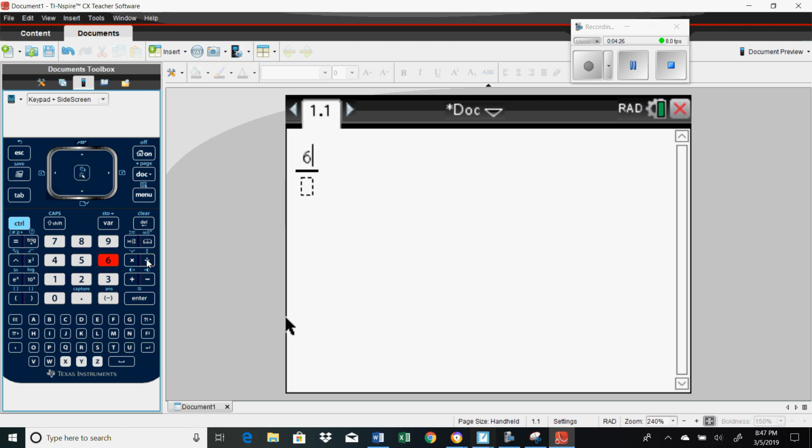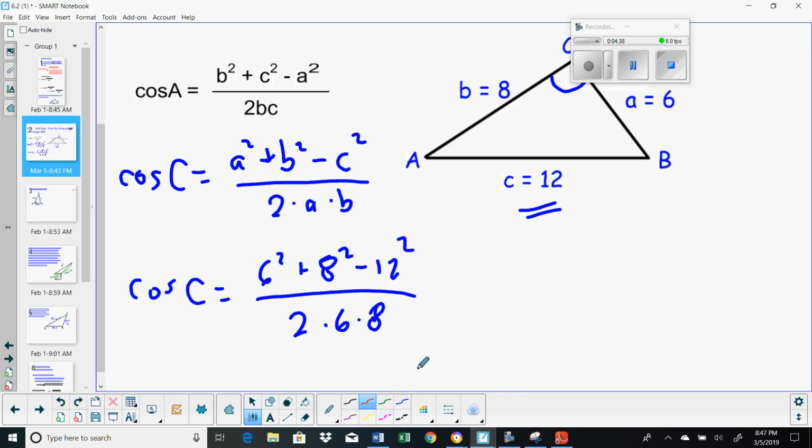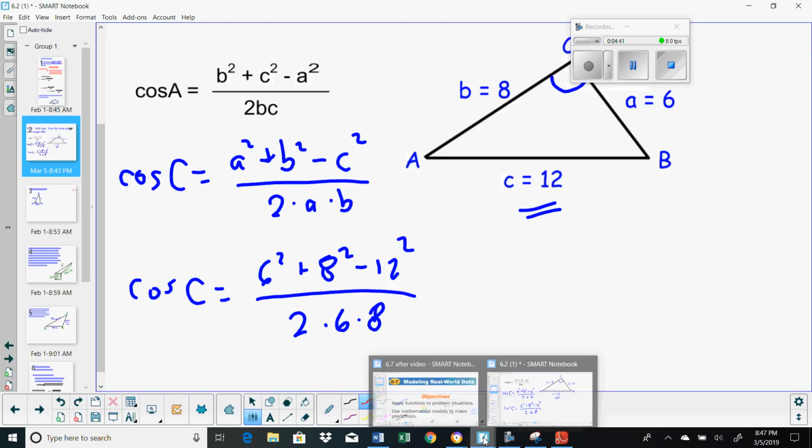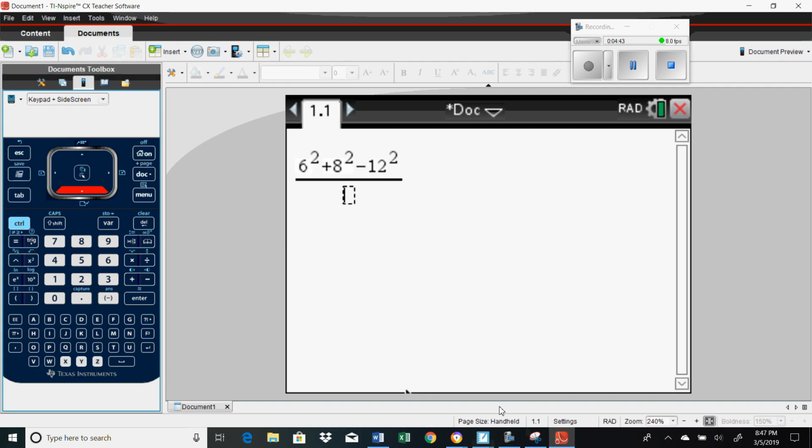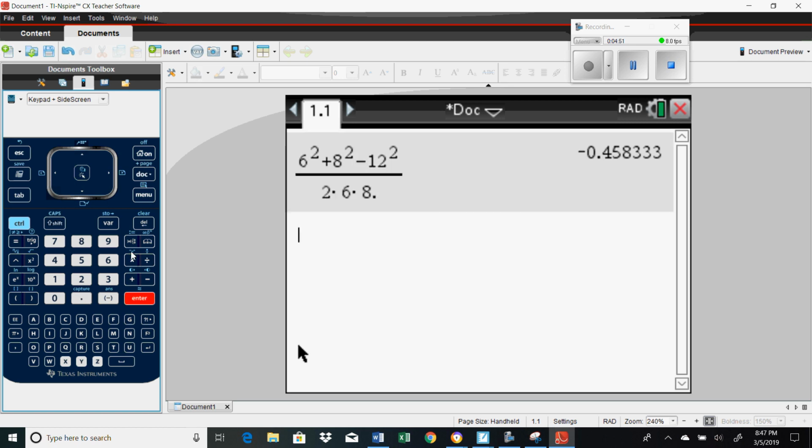So I want 6 squared plus 8 squared minus 12 squared, then down, and in my denominator, I need 2 times 6 times 8. I want a decimal, so I'm just going to throw in a decimal point at the end of that 8 and push enter. I'm getting negative 0.4583.